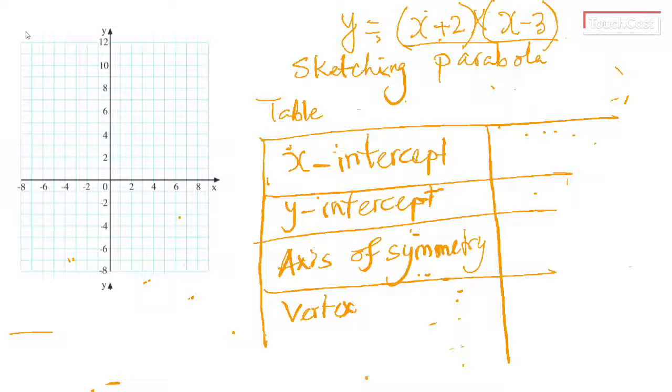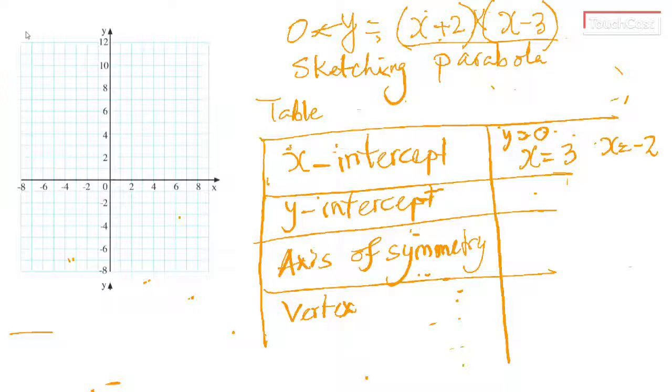Now to get the x-intercept, the rule is quite simple. Put y equals 0. That means x plus 2 times x minus 3 equals 0, and if you solve the equation, that will give you x equals 3, and the other one is going to be x equals negative 2.